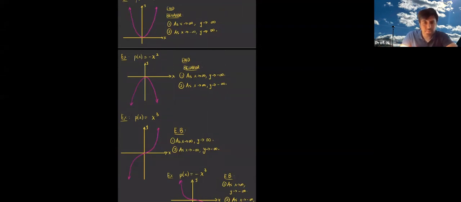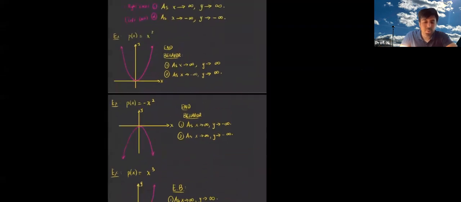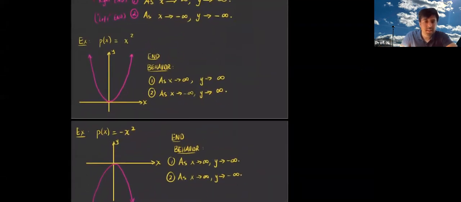And we'll see why. But before we continue, I want to go back to this real quick and see two things. I need to know the degree, and I need to know the leading coefficient. I'm going to call the leading coefficient LC, just to abbreviate. So what is the degree for x squared? The degree is 2, right?